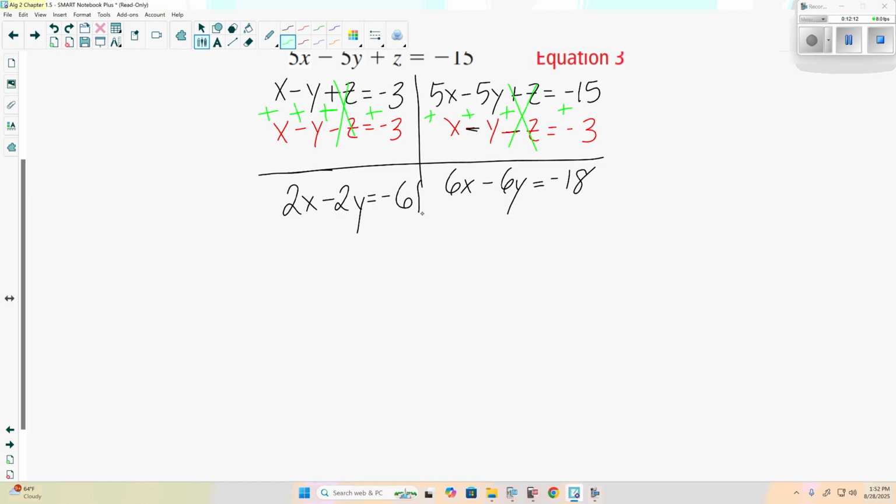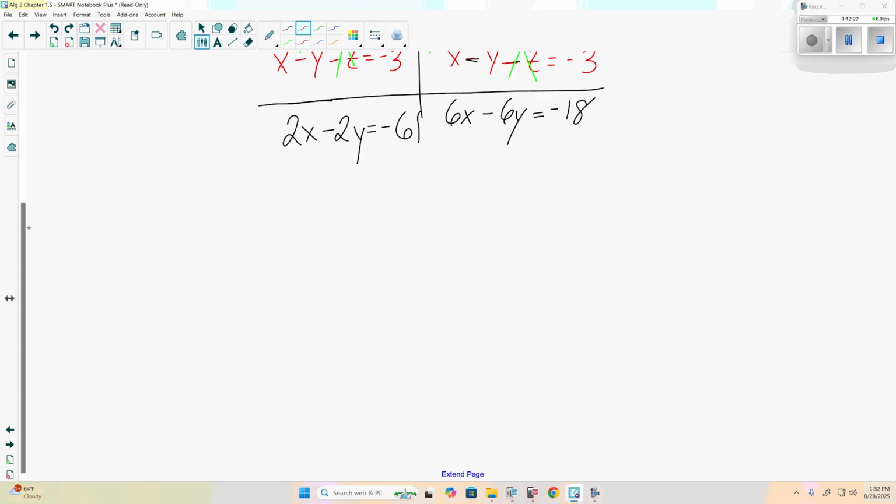Which variable do we want to eliminate next? x or y? y. Now, we can keep one of these the same, because can we multiply this 2y by a number to get 6y? Yeah. We can multiply it by 3.